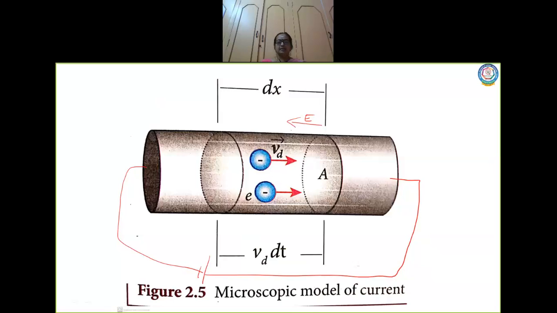Okay, and the length of the conductor is given as dx, which is vd into dt. Distance is velocity into time. So dx is vd into dt. So I'm going to consider a conductor, and A is the area of cross section of the conductor. I'm going to find out the relation between current and drift velocity.